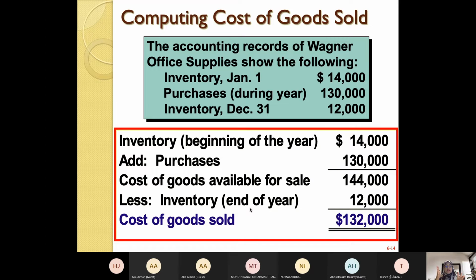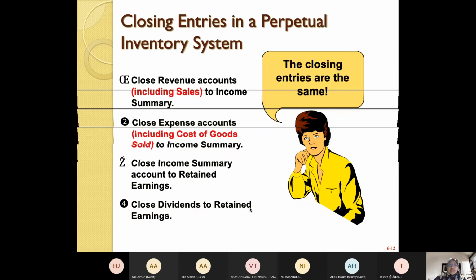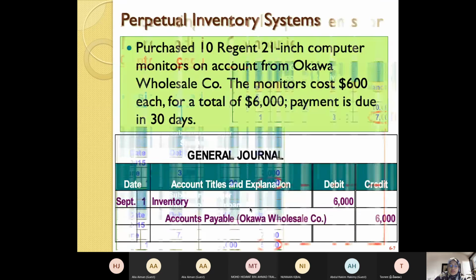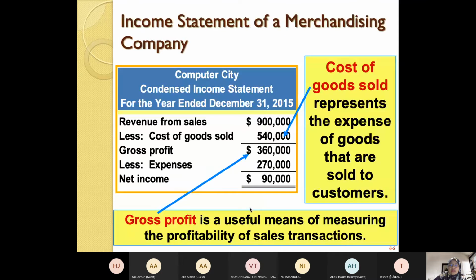You have to know this formula, because if you have a multiple choice question, it will come from this formula. The other formula that you must know is sales minus cost of goods sold is your gross profit. Very easy. This one is for your perpetual: sales minus your COGS is your gross profit.